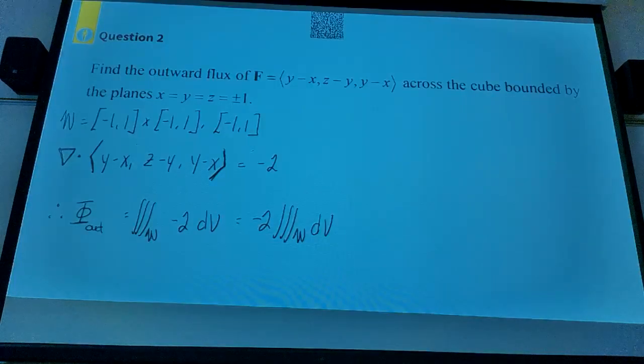What's the volume of our cube? It's the length of one of the sides, 2, cubed. There's our outward flux.